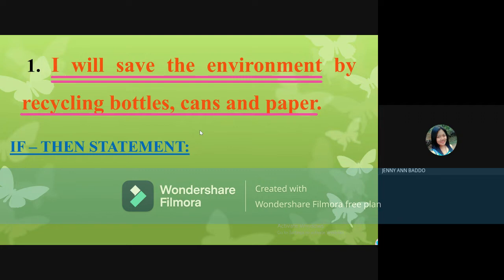Now, if we're going to change this into an if-then statement, we just have to write the given sentence in the form if P then Q. But take note, we cannot directly use the statements or the phrases used in the sentence to form the P and Q statement.